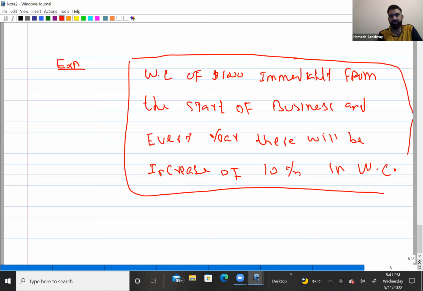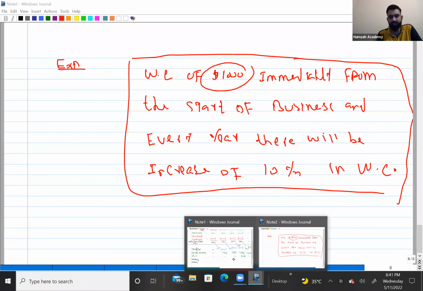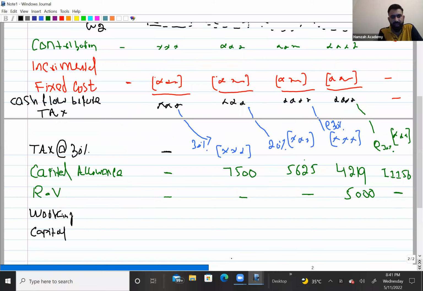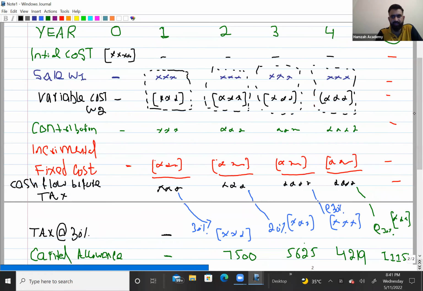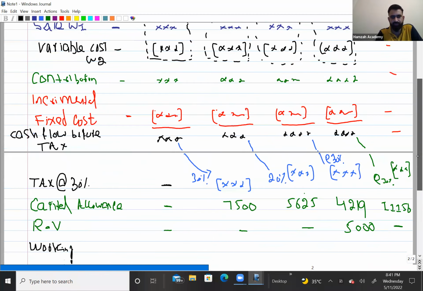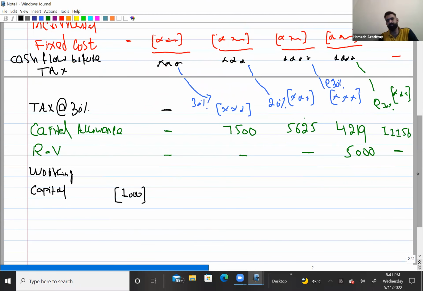Such adjustment will be mentioned in a question. So we need $1,000 immediately. Immediately means that we have to invest the working capital immediately in year 0. So $1,000 will be invested immediately in year 0 in working capital.